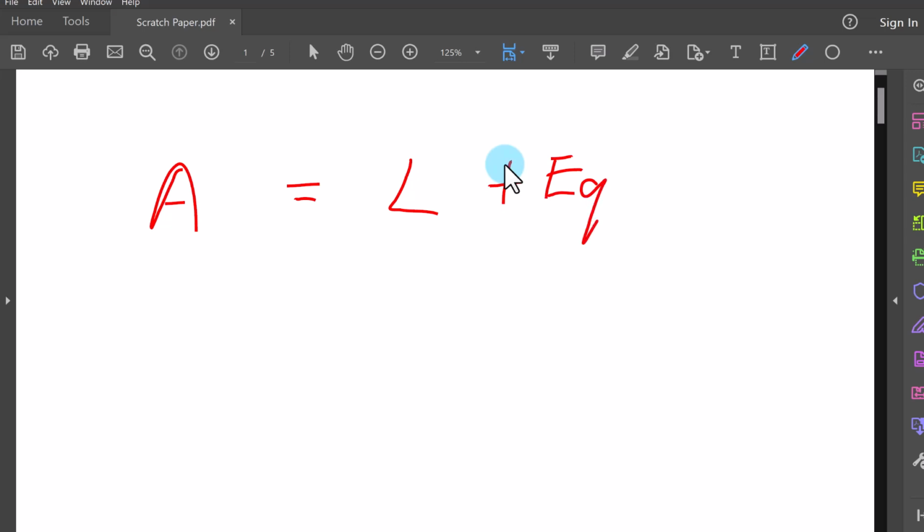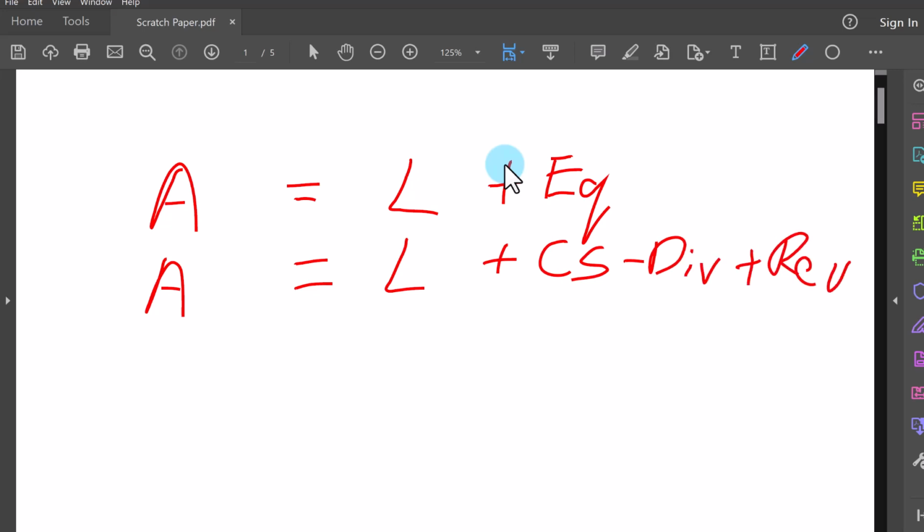That's the common stock minus the dividends. This is the first level. And then the second level was assets equal to liabilities plus common stock minus the dividends plus the revenue and minus the expenses.